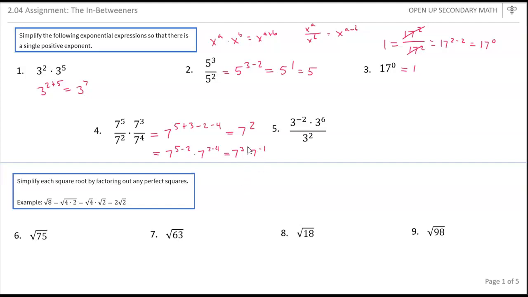And then we can just add those two together, right? We're multiplying, so we add them. So this will be 7 to the 3 minus 1, which is still 7 squared. We get the same answer we got before, which is great.